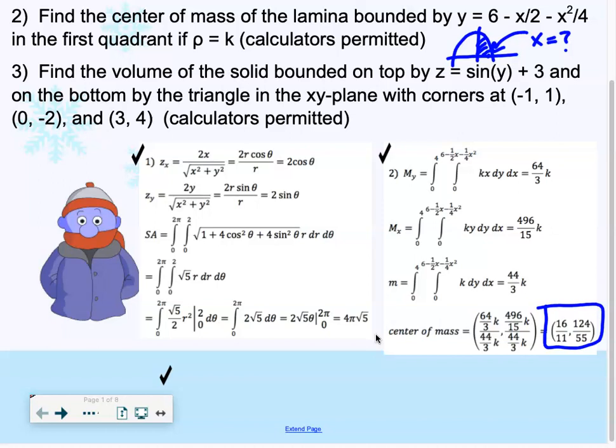Oh, and if it's in between two z functions, right? So say I have some surface and then another surface, and I want the volume of the stuff in between, everything stays the same. It's just that my integrand now is the top z minus the bottom z, right? Because all that integrand does is it tells you how high to go.